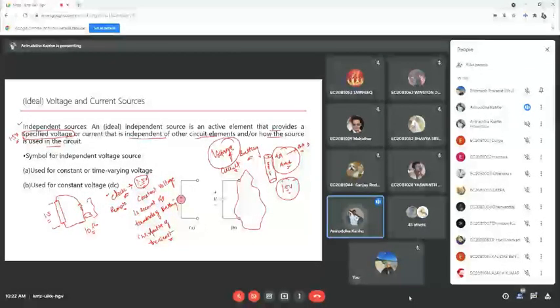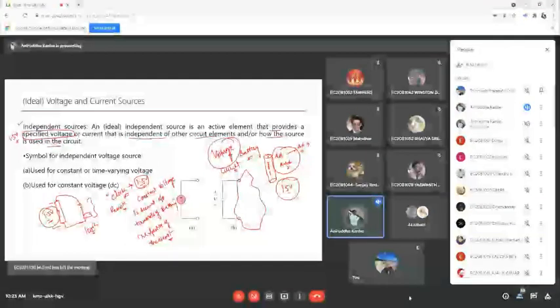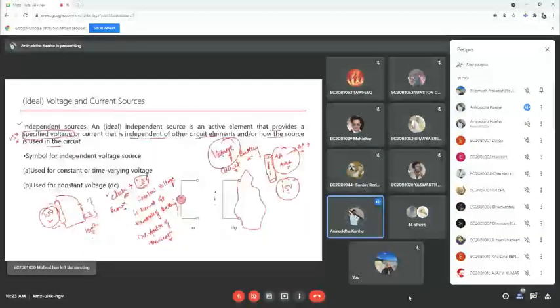Even if you make it 100 ohms, still it will be 1.5 volts. That is what is called the ideal independent voltage source. And similarly the current source, which we will see in the next slide.